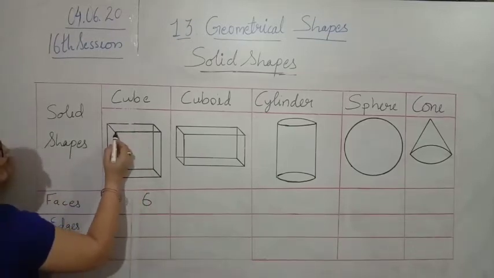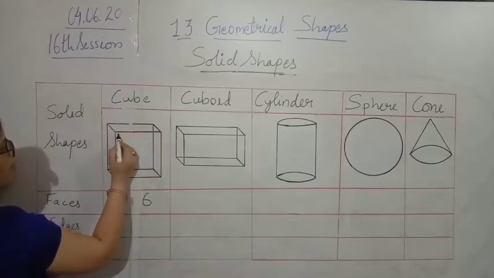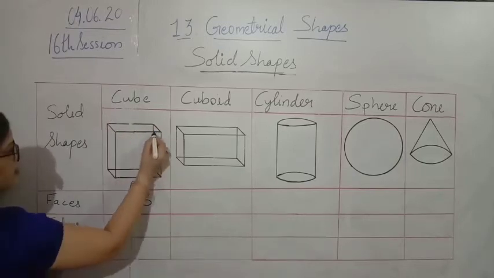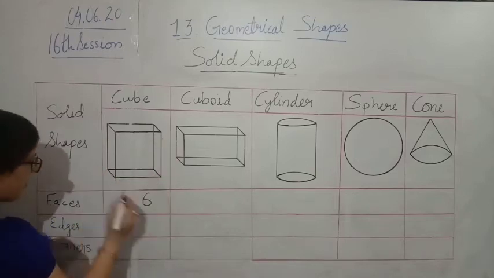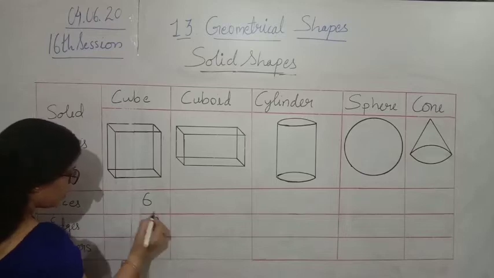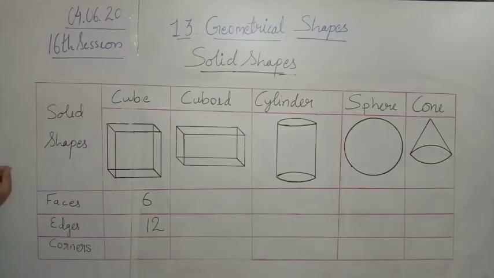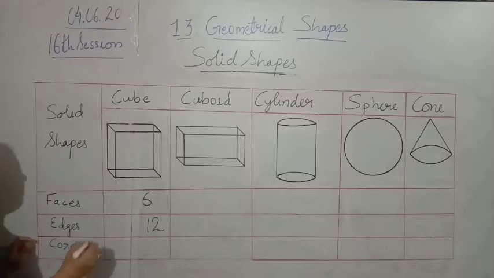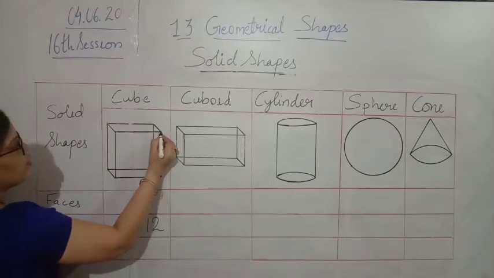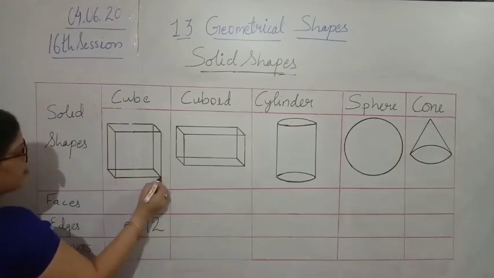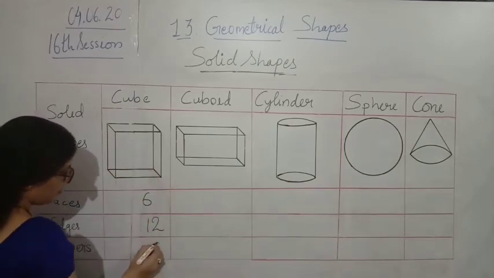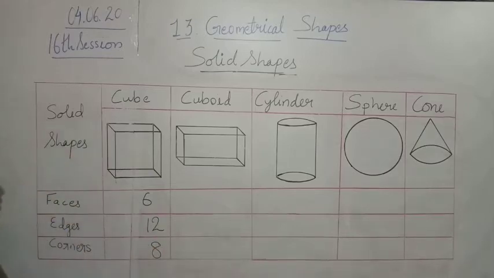See in this picture, 1, 2, 3, 4, 5, 6, 7, 8, 9, 10, 11 and 12. So there are 12 edges in cube. Now how many corners are there? 1, 2, 3, 4, 5, 6, 7 and 8. So cube has 6 faces, 12 edges and 8 corners.